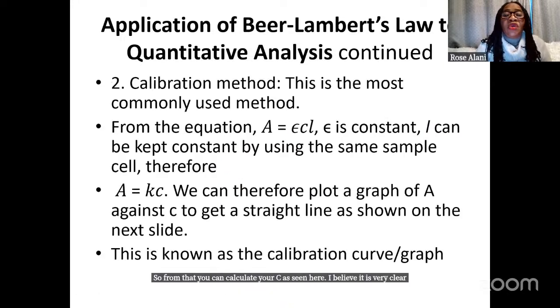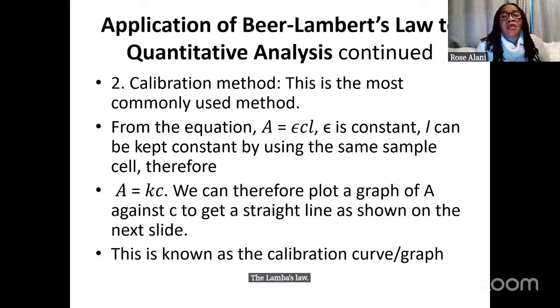You can also use Beer-Lambert's law as a calibration method. In this case, you use the equation A is equal to ECL.